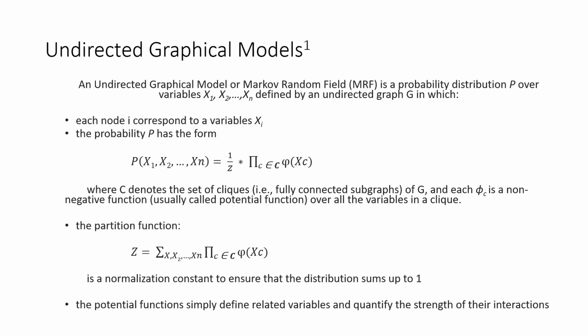And what is important here is that these potential functions define related variables and somehow quantify the strength of their interactions. So you see here, they're related variables, but we don't know how they're related. They don't need to be dependent on each other. So these potential functions basically quantify how strong these relationships are, whether the variables are very related or less related.